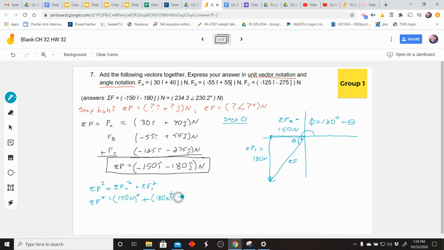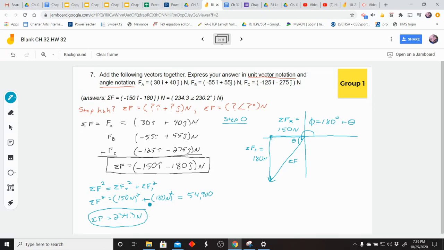So all this ends up being equal to 54,900. So that's way too big a number. That's because that's sigma F squared. So when you take the square root of that number, so raising it to the 1/2 power, we end up with 234.3. All right, so now we have the magnitude of sigma F.